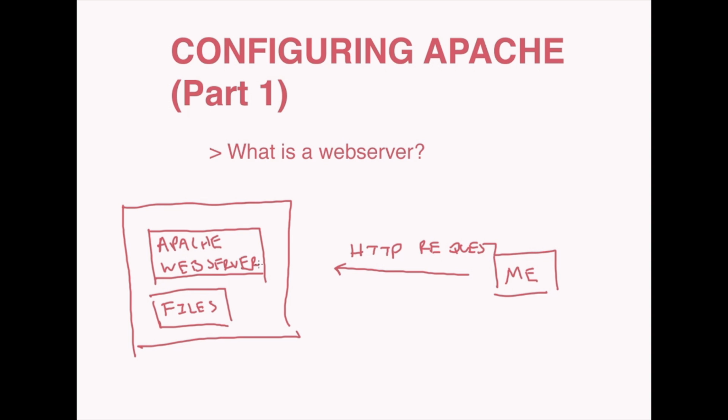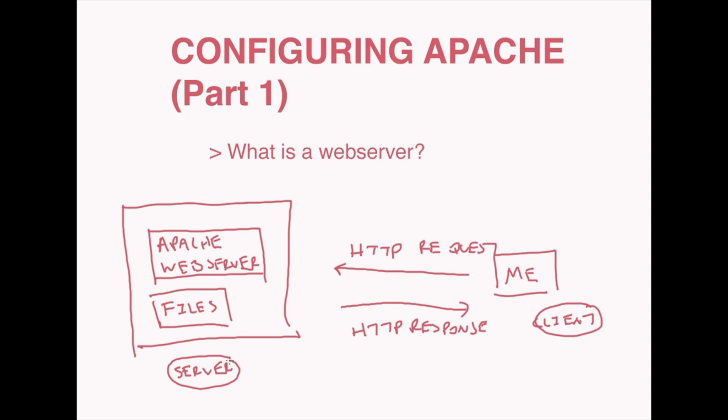And then the Apache web server will go, okay, I'm going to give these files back to her in an HTTP response. And that's it. That's all a web server is. Here I am the client. And here, this is the server. So we have a client-server relationship. And that's the basics of what it is.